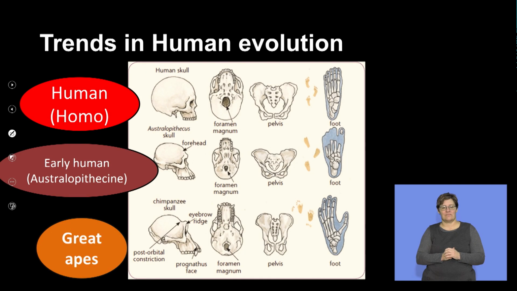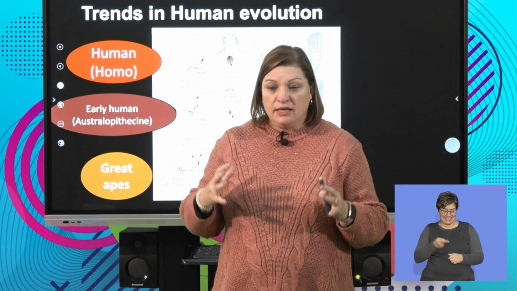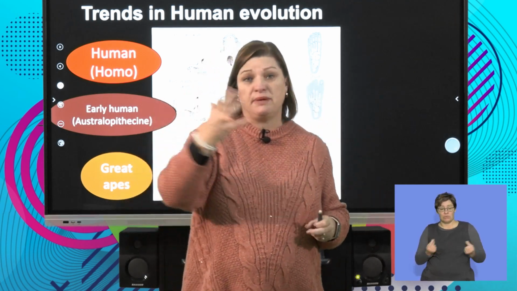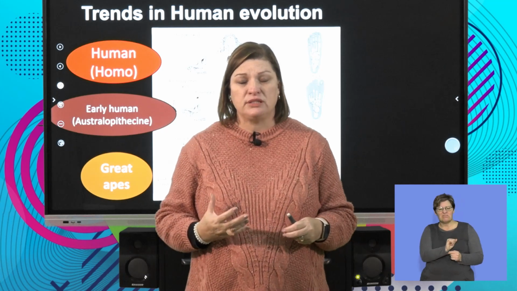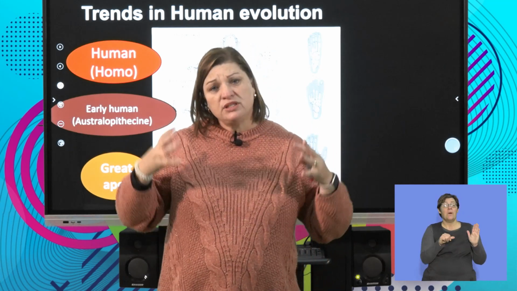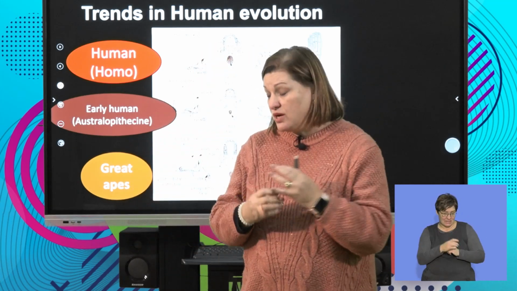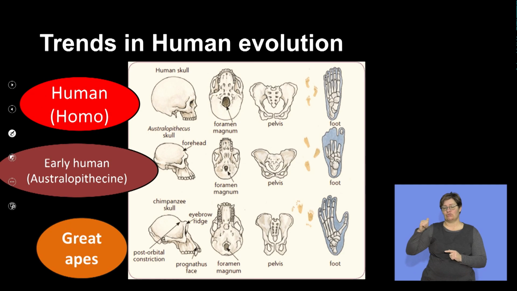When it comes to human evolution and the fossils, the skeleton is a really important part here. Now, the skeleton you would have done maybe in earlier years as part of your syllabus, but it's really important that you understand the trends.